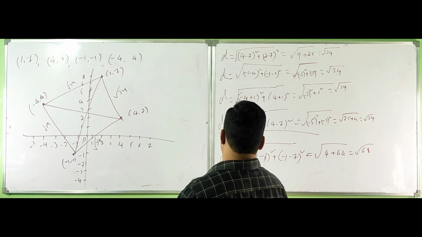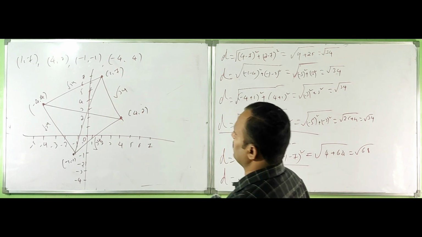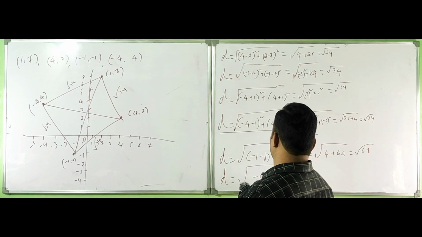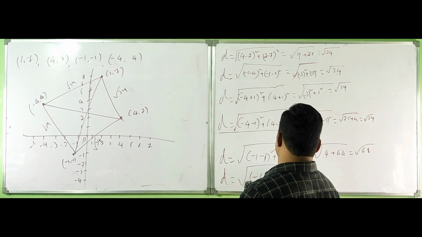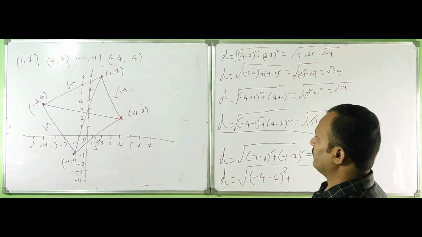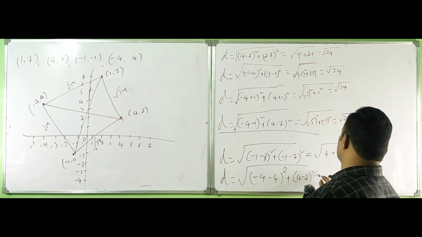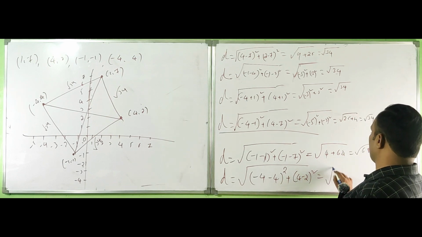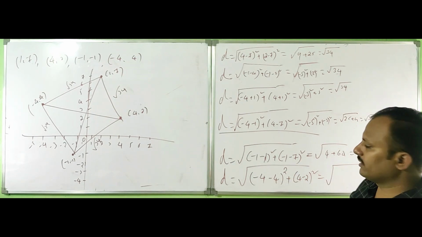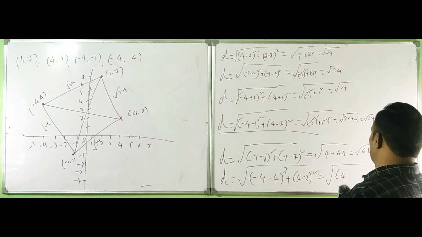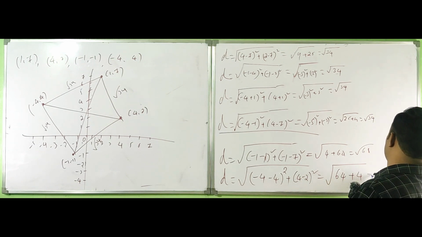Also D is equal to the square root of the alternate points: (-4 - 4)^2 + (4 - 2)^2. (-4 - 4)^2 is 64, and (4 - 2)^2 is 4, equal to the square root of 68.